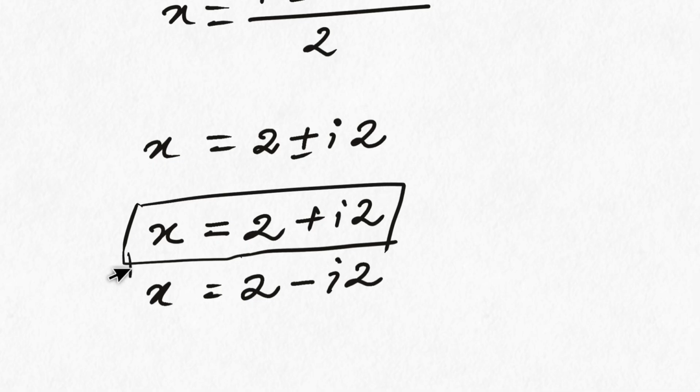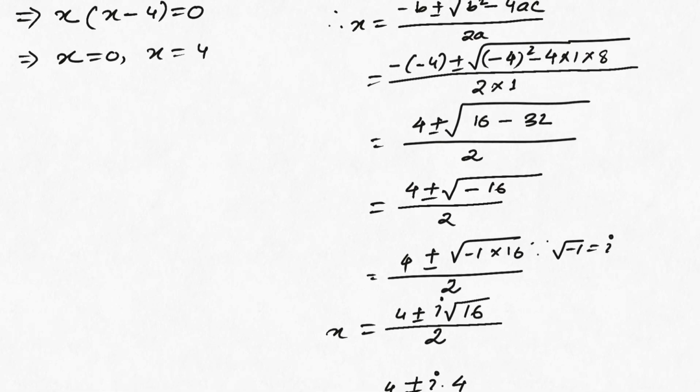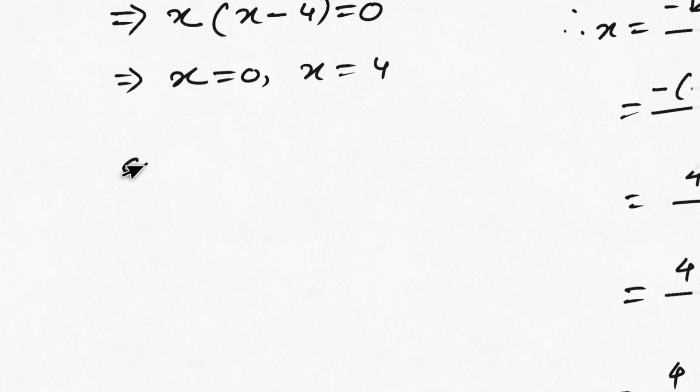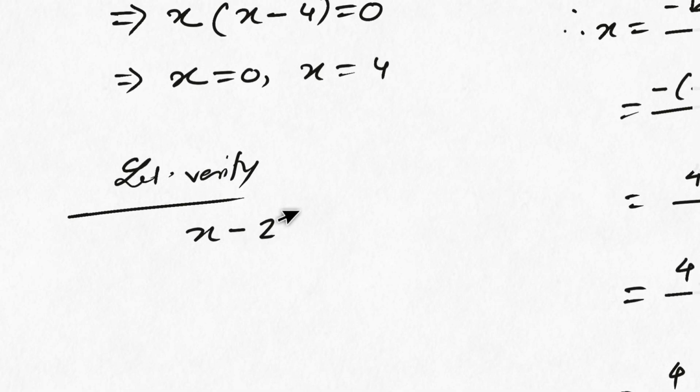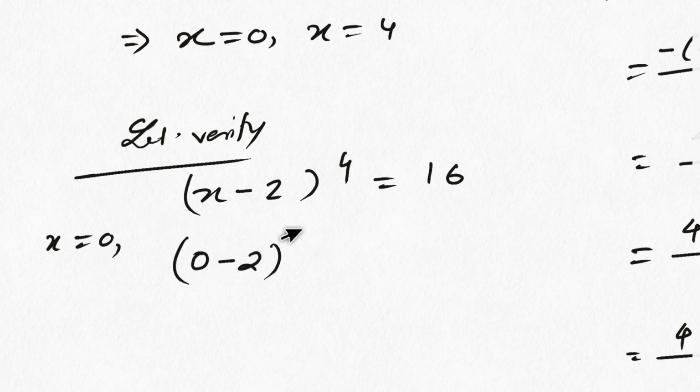Now, let's verify our real solutions to make sure they work. We will start by writing the original equation again. The quantity x minus 2 to the fourth power equals 16. First, when x equals 0, the left-hand side becomes the quantity 0 minus 2 to the fourth power.